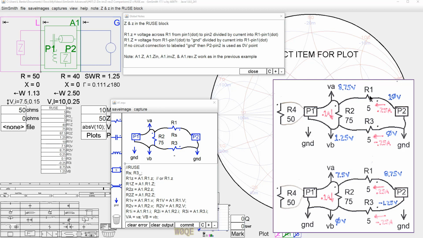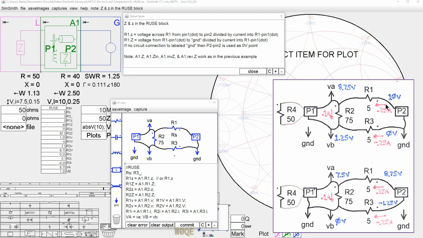Now, if we look at R1 dot small z, that is 10 volts minus 8.75 volts, which is 1.25 volts, divided by 0.25 amps. So R1 dot small z is right there, and that's 5 ohms, which is just the value of the resistor itself. R1 dot capital Z is 10 volts minus 0 volts here.